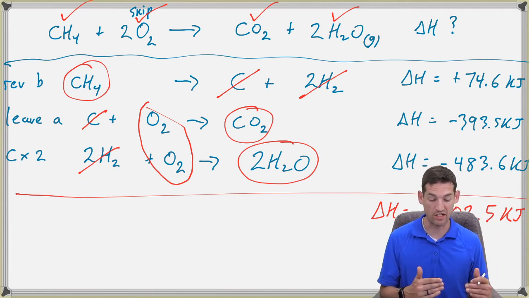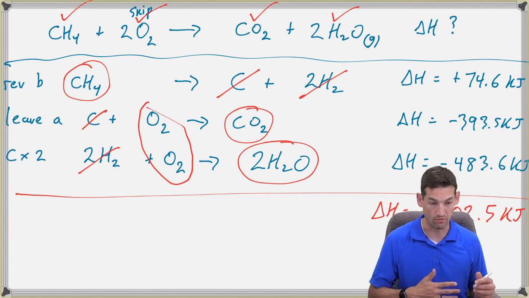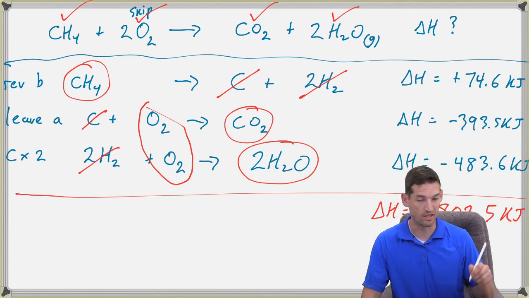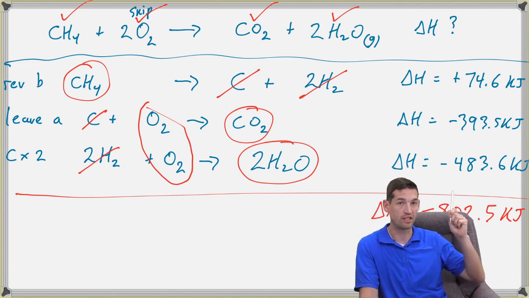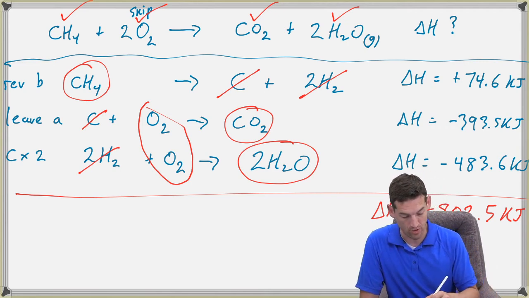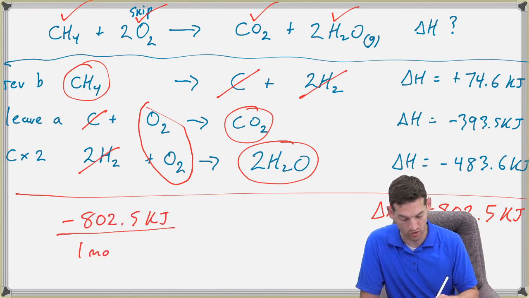So I need to change this to the number of moles. Now I know this isn't going to change the number, but I want you to get in this habit. This number that we just calculated is a delta H. I need a delta H molar. So I have to take negative 802.5 kilojoules divided by 1 mole of CH4.